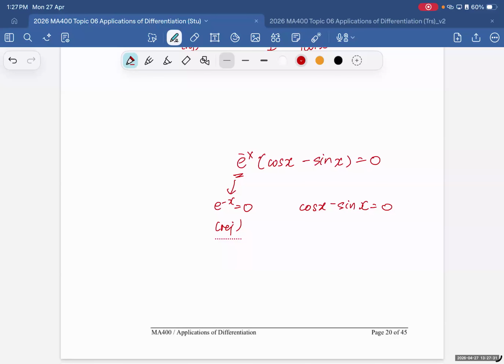So I will have cos x equals sin x, right? Which is the same as sin x over cos x equals 1, which is the same as tan x equals 1.